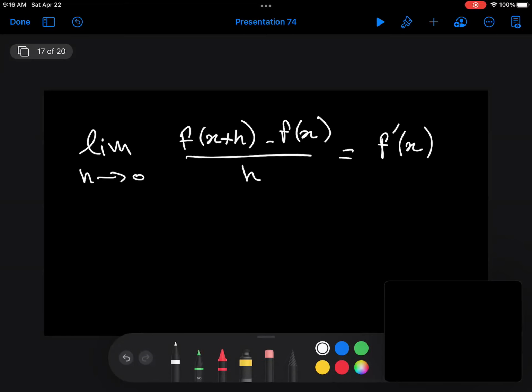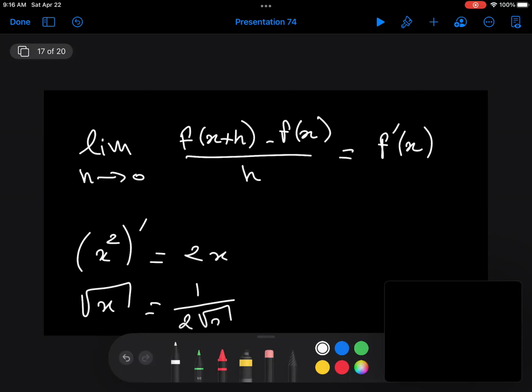Now, from this formula, you can compute the derivative of various functions. For example, we saw that the derivative of the function x squared is 2x, and the derivative of the square root of x is 1 divided by 2 square root of x. All right.